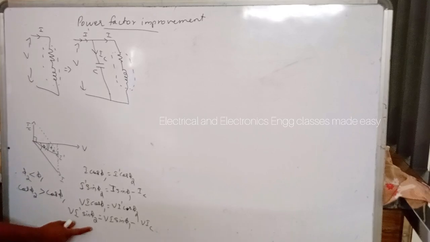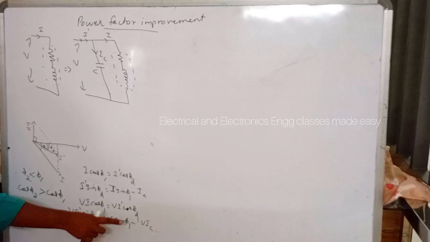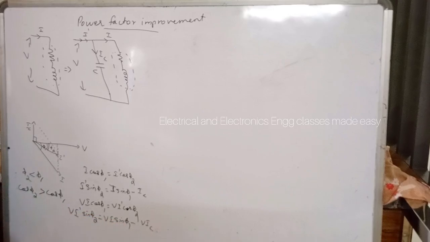That is, net kVAR after power factor correction is equal to the lagging kVAR before power factor correction minus the leading kVAR of the equipment. So this is about the power factor improvement.